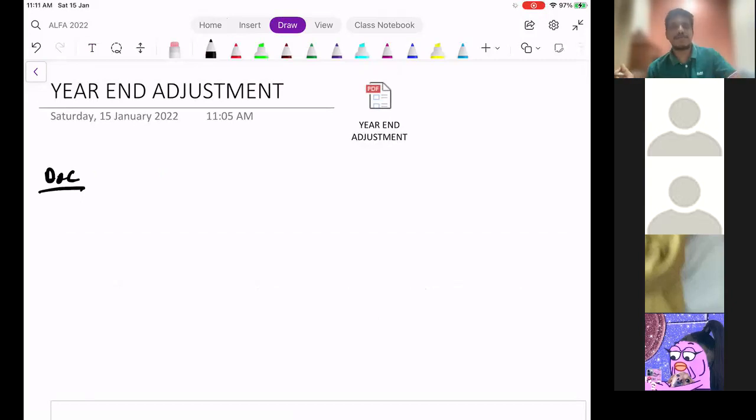All these are documents. These documents are the proof of the transaction.